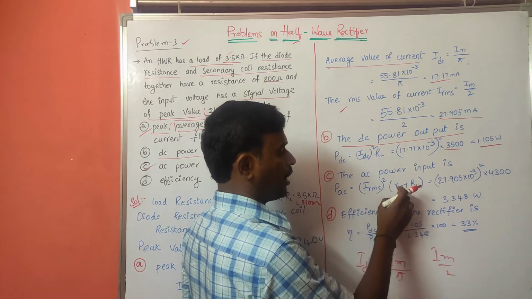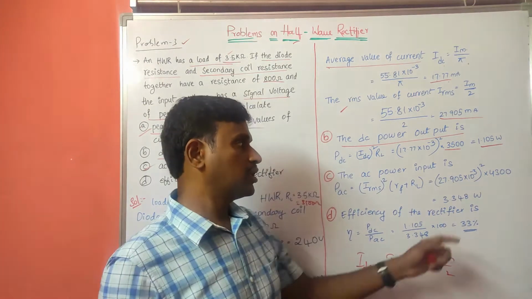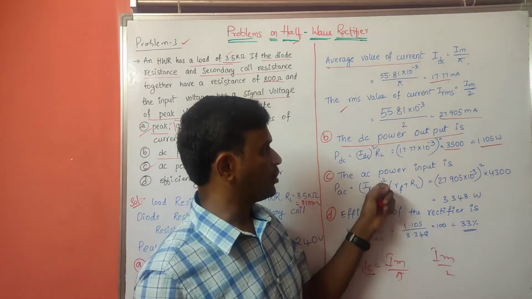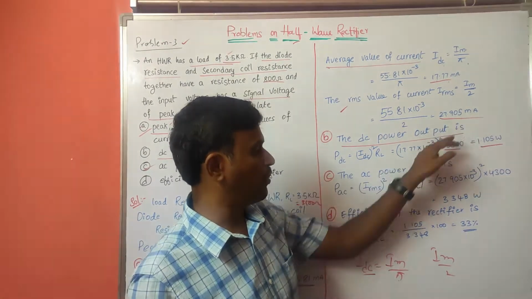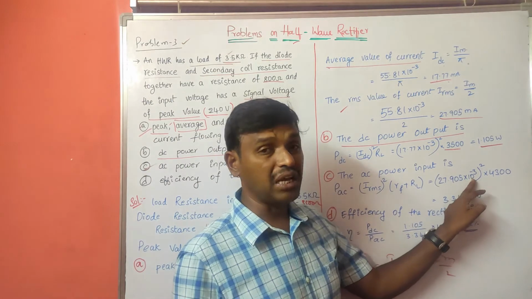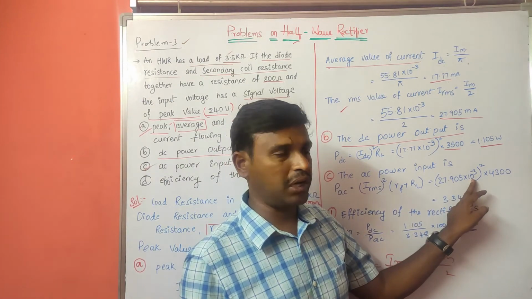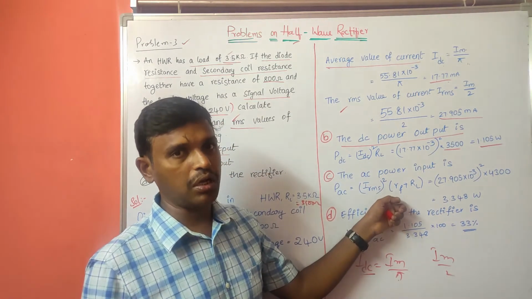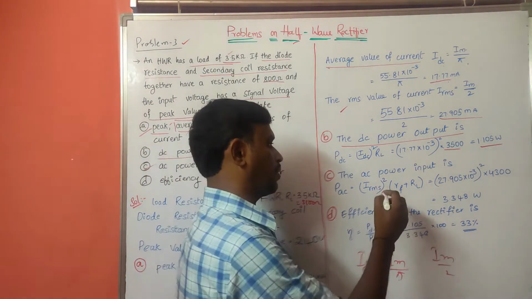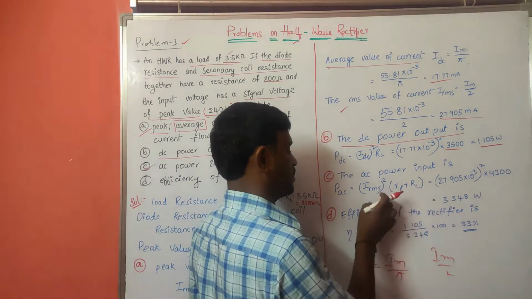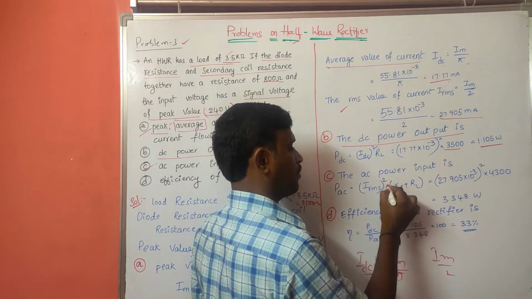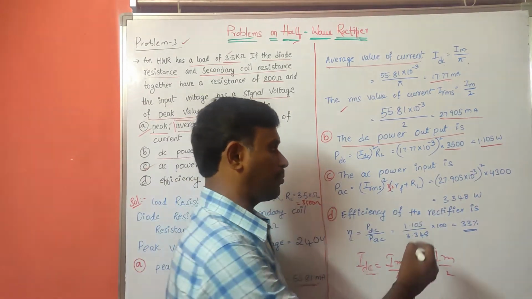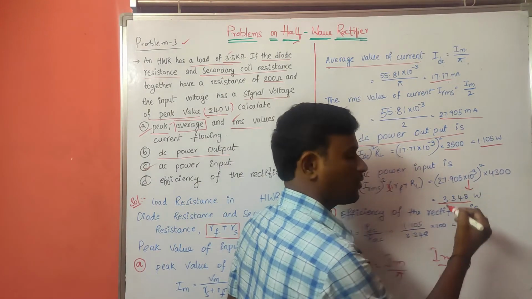Actually it is IRMS square into RL plus Rf plus Rs, that is 4300, which is PAC. So IRMS is 27.905 milliamperes, so we substitute 10 power minus 3, whole square, multiplied by 4300. If you simplify this, you will get 3.348 watts.